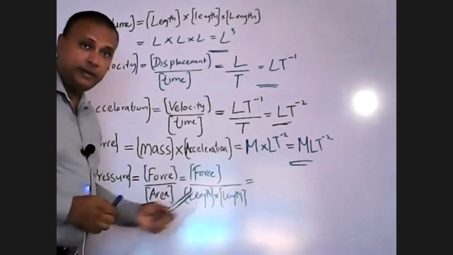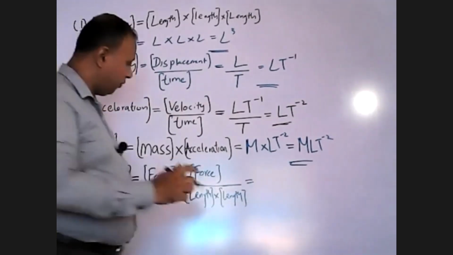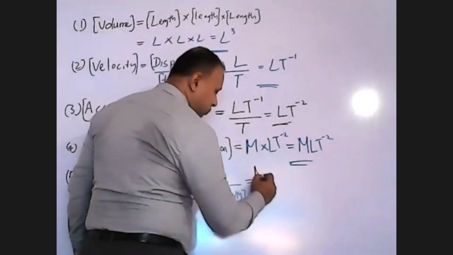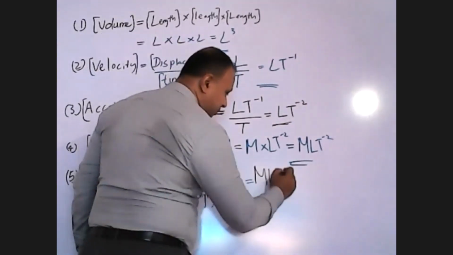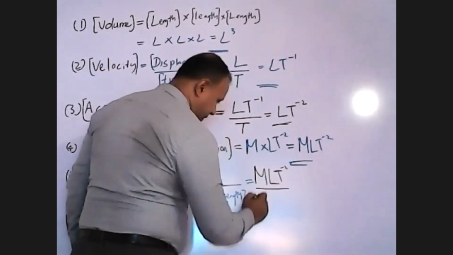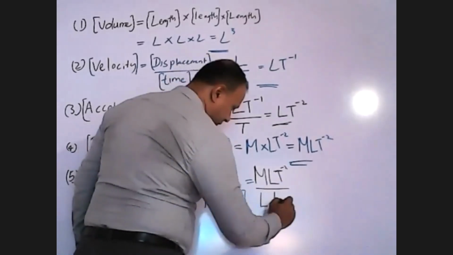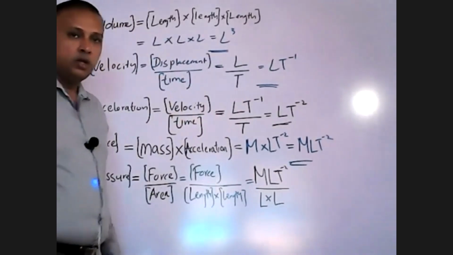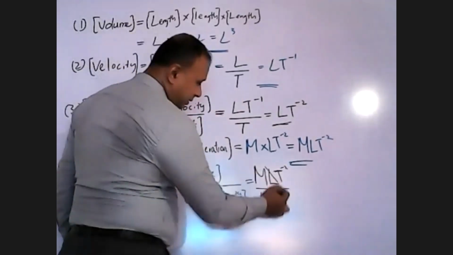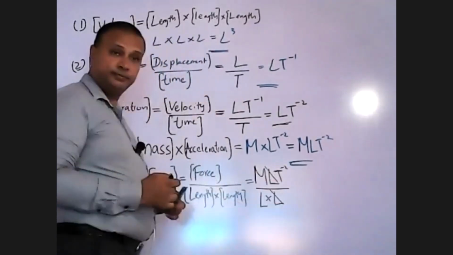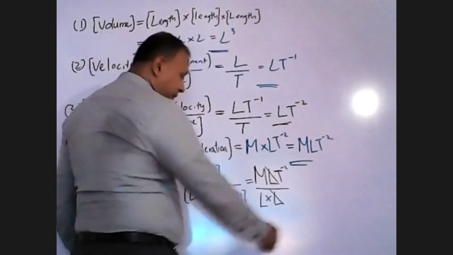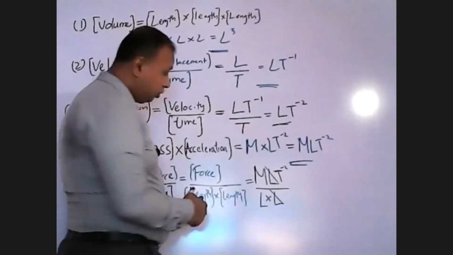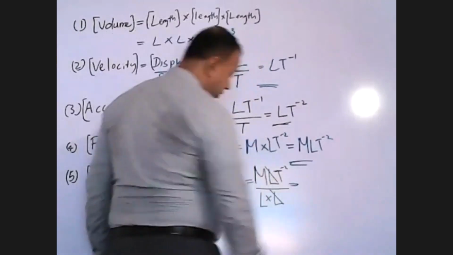Now we can apply dimensions. Force means MLT minus 2, over L into L. So this L will be cancelled out with this L. Then this L can be brought to the numerator.